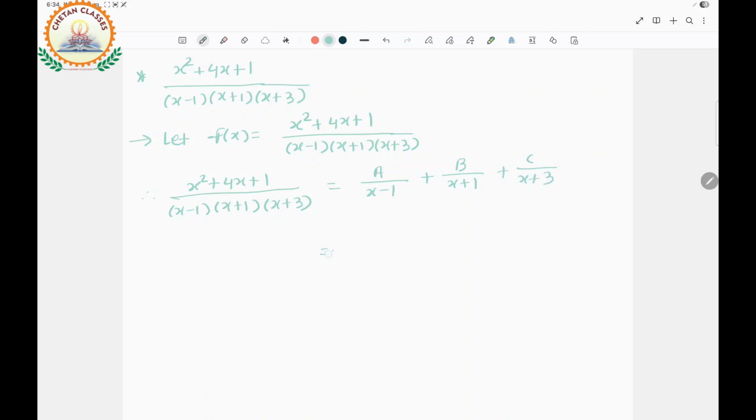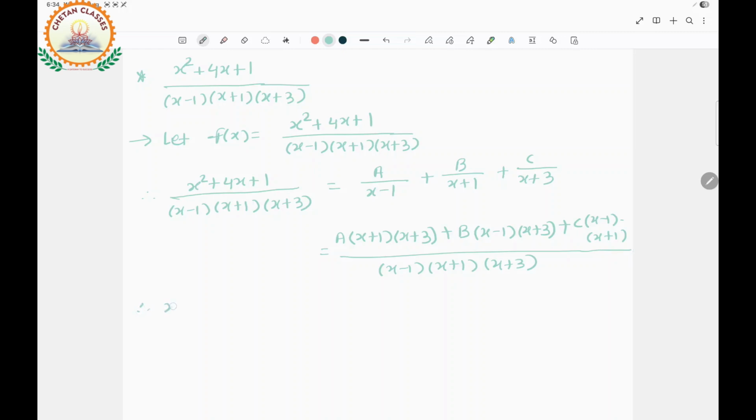Now cross multiply. Here we want the denominator (x − 1)(x + 1)(x + 3). So A into (x + 1)(x + 3) plus B into (x − 1)(x + 3) plus C into (x − 1)(x + 1).